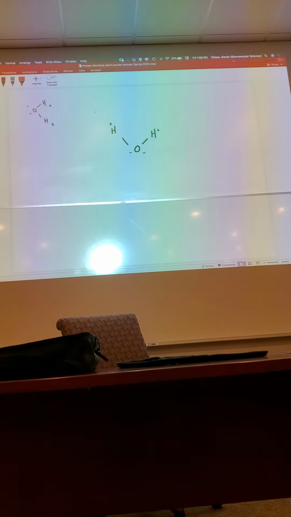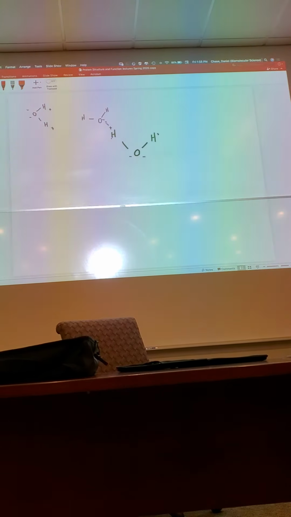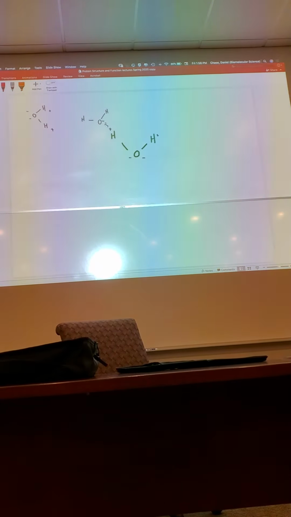These things are floating around in solution and they're going to collide with one another. Well, if they come close to one another in this orientation, the negative charge on this oxygen can form an electrostatic interaction with the positive charge on the hydrogen. Remember, opposite charges will attract. The same thing is true over here.